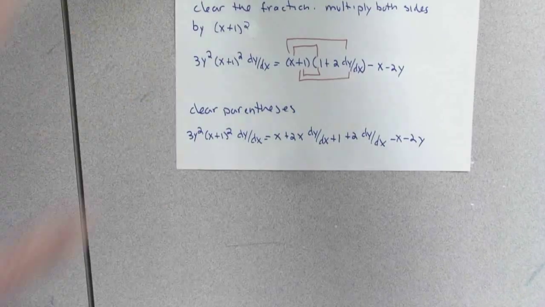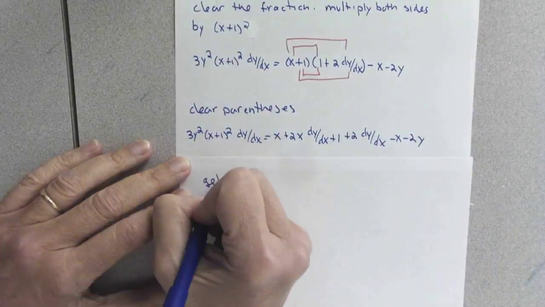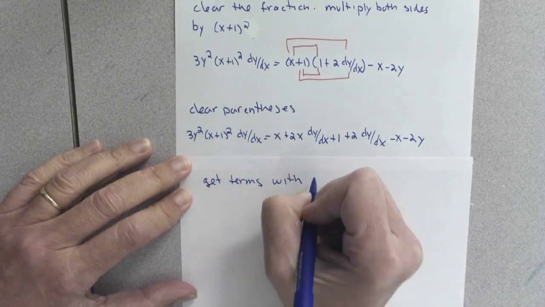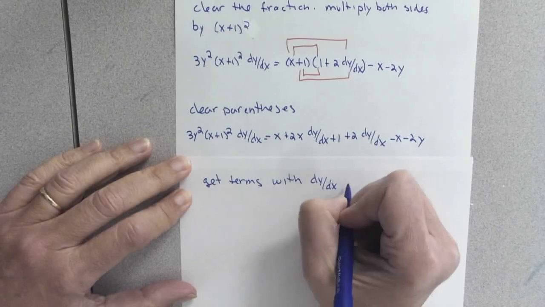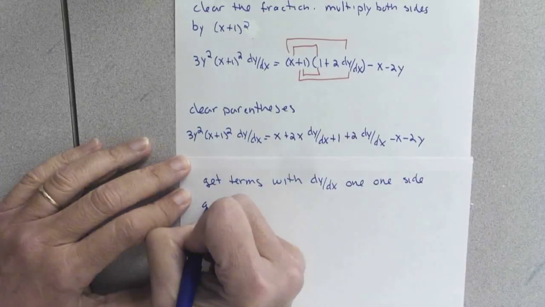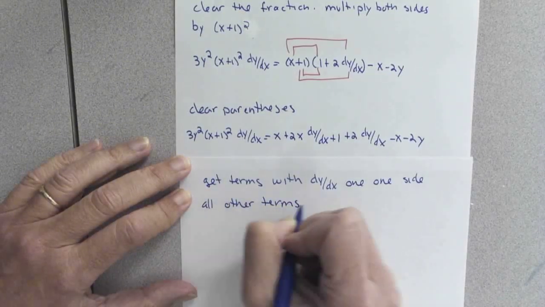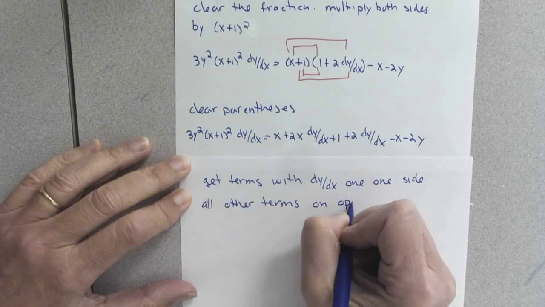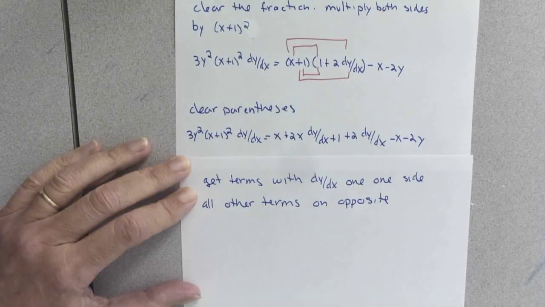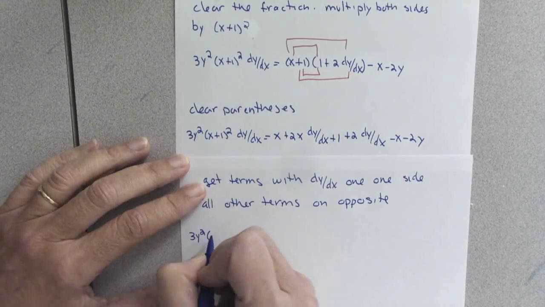Keep going. Get terms with dy dx on one side, all other terms on opposite side. And like I said before, it doesn't matter which gets which. I just like my dy dx terms on the left.